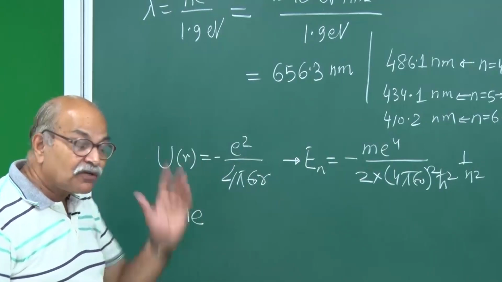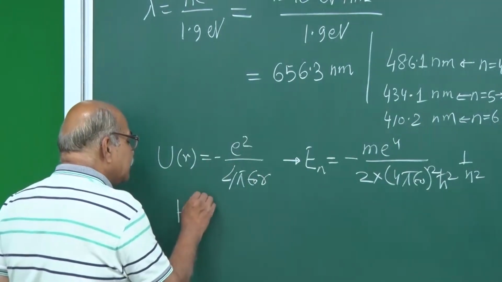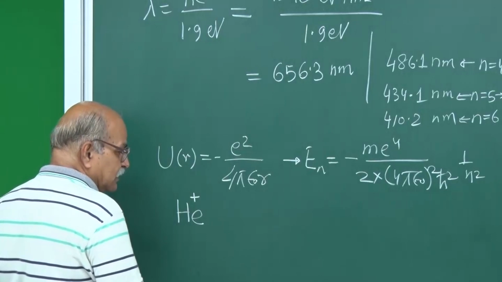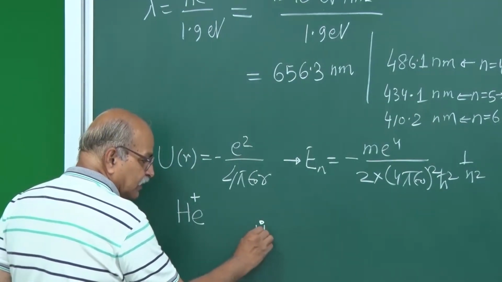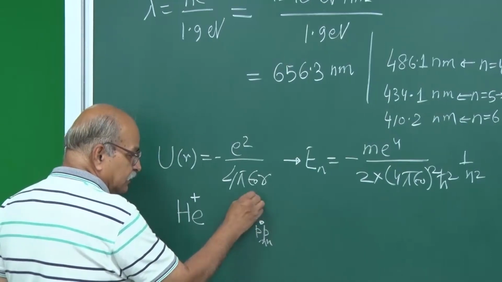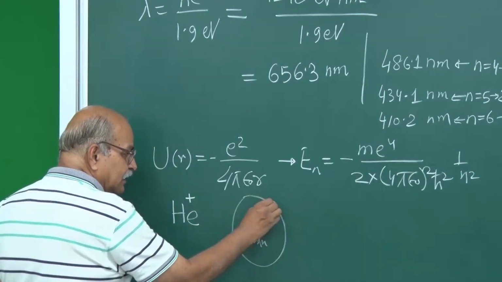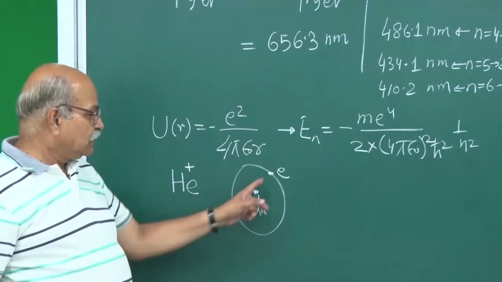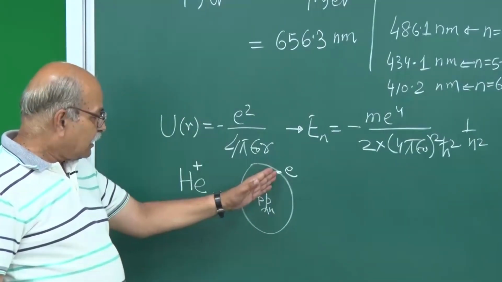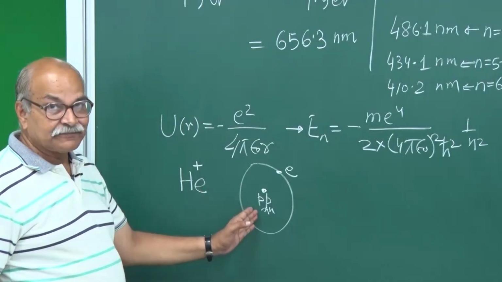If one electron is knocked out, you have helium plus. So what is the structure? You have 2 protons and of course neutrons, and then you have 1 electron left. This is your He plus. Of 2 electrons, 1 electron is knocked out, and then you have this He plus ion.